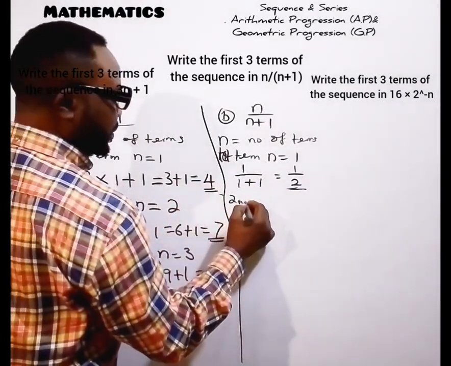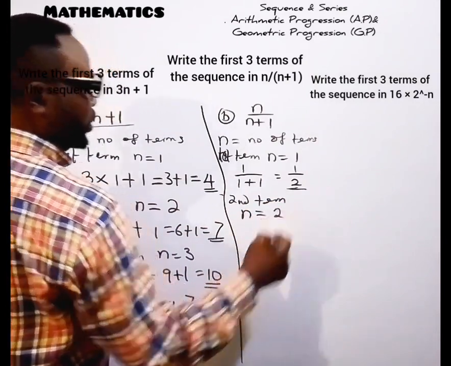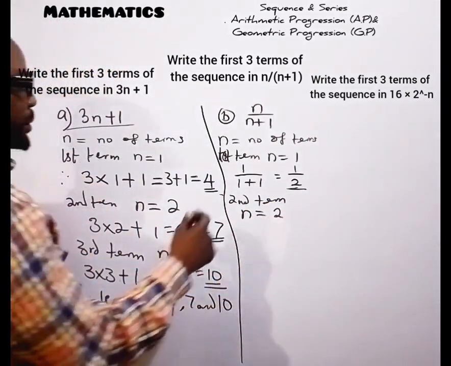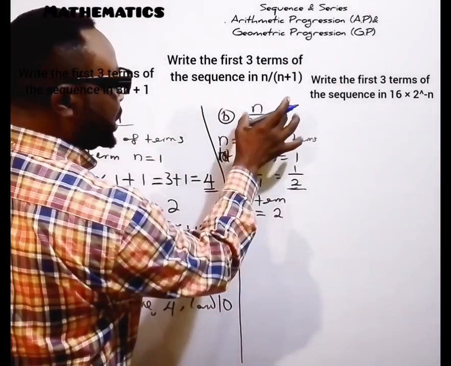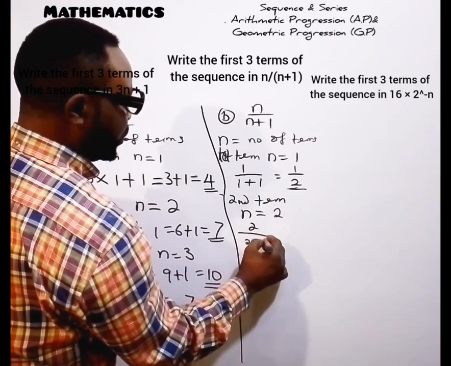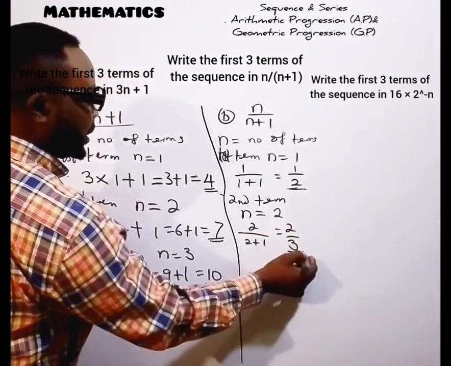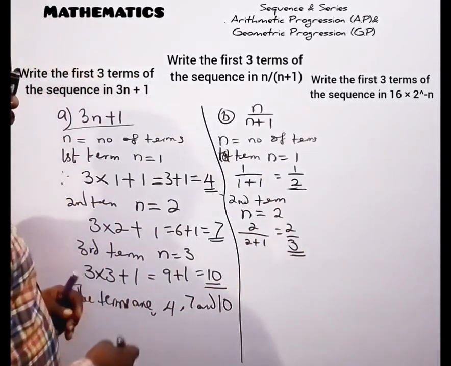For the second term, n will be equal to 2. Inserting that 2 into this expression will be 2 over 2 plus 1, which is equal to 2 over 3. That is the second term as well.